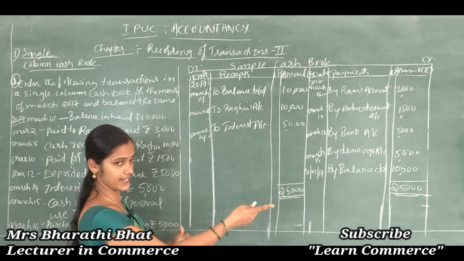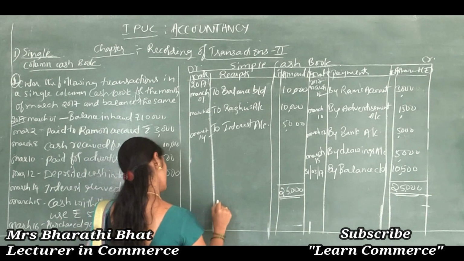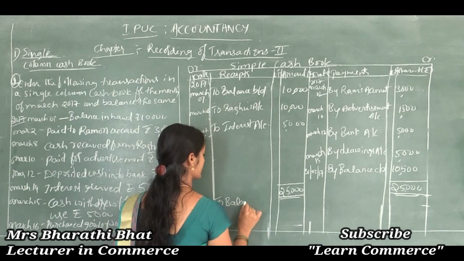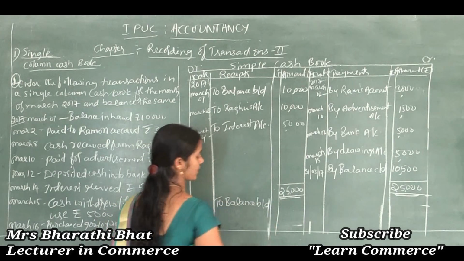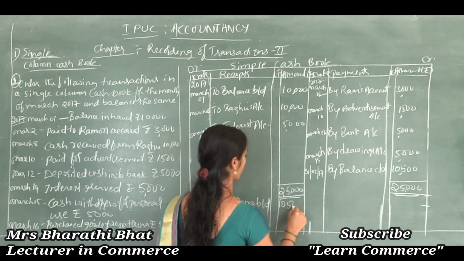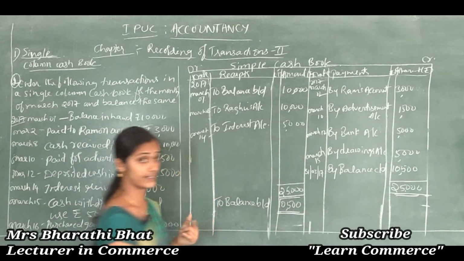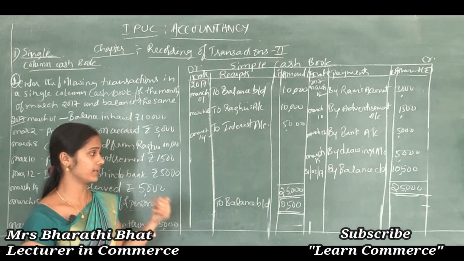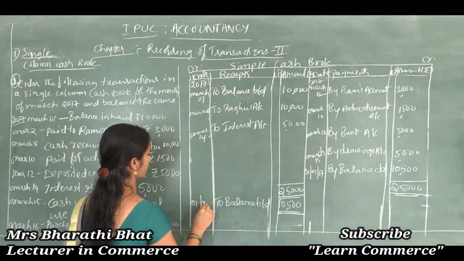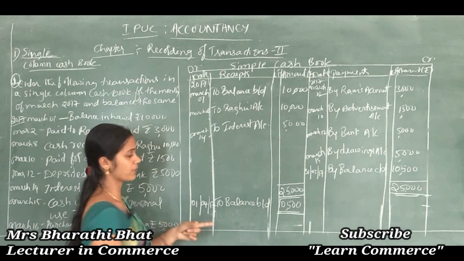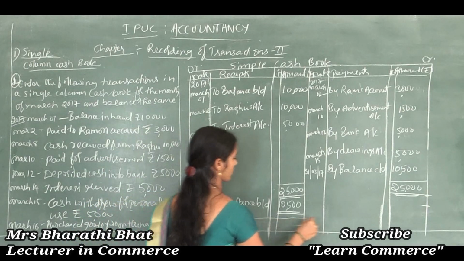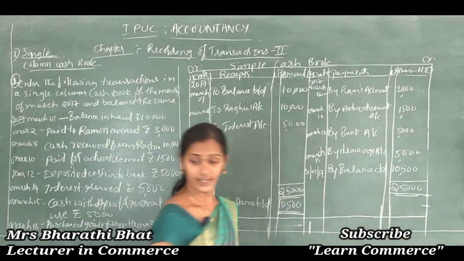Then on the other side, you should bring down the balance: to balance brought down, amount 10,500. Very important, the date is the first of the next month. To balance brought down. So now close the account.